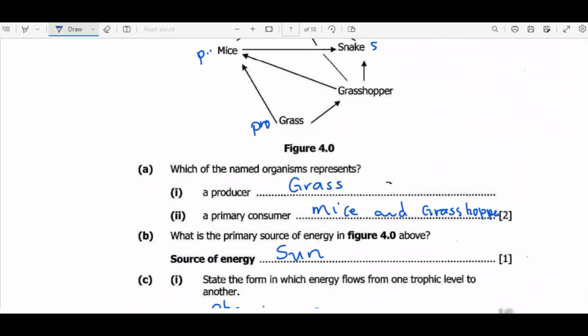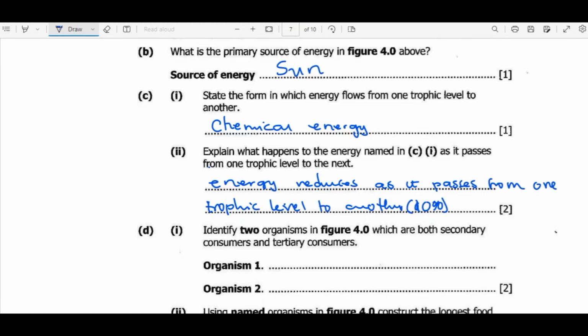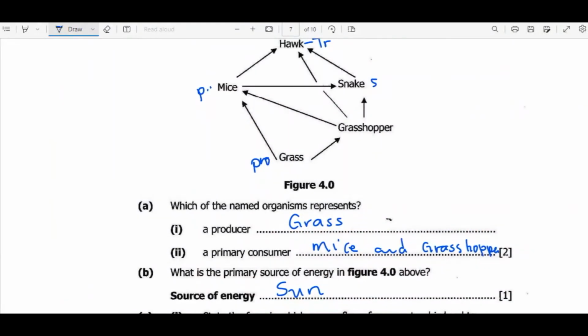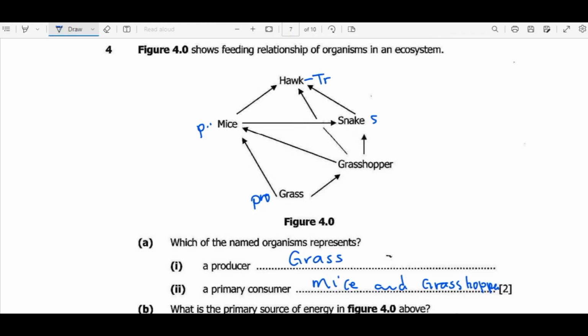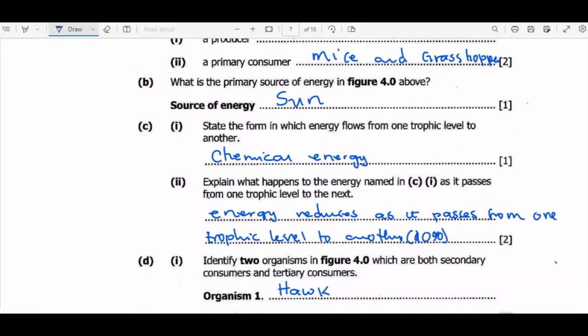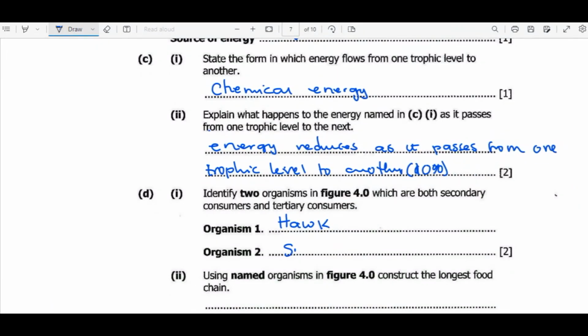So let's go back. So 2 organisms, the first one is hawk. Then organism number 2, which can be both secondary and tertiary consumer. So apart from that, the snake, so the snake also is our answer.